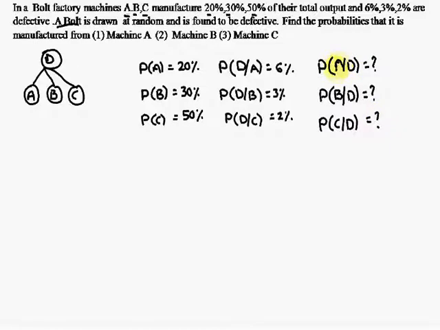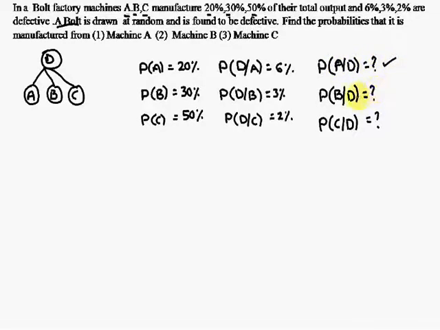So in general notation, how do you remember this? Suppose a defective bolt is chosen at random. First the bolt is drawn, that is defective. What is the probability that it is from machine A is the first question.